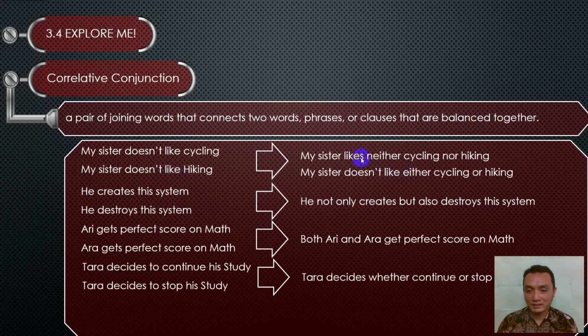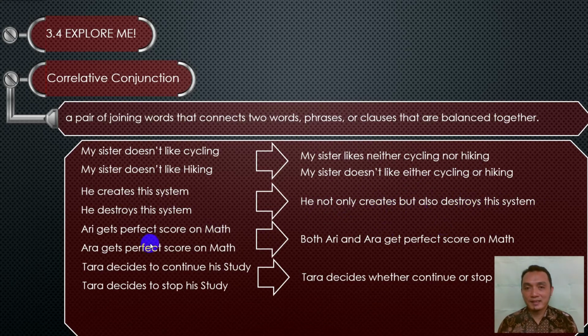The first, using neither nor, as if the sentence becomes positive, and then my sister doesn't like either cycling or hiking, using either or in a negative sentence, using neither nor in a positive sentence. And then the second example, he not only creates but also destroys the system.